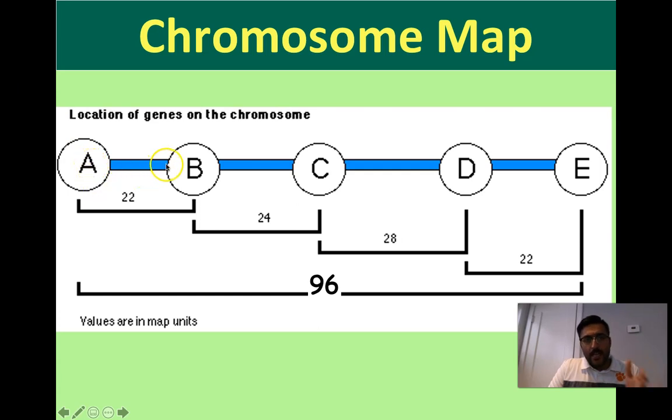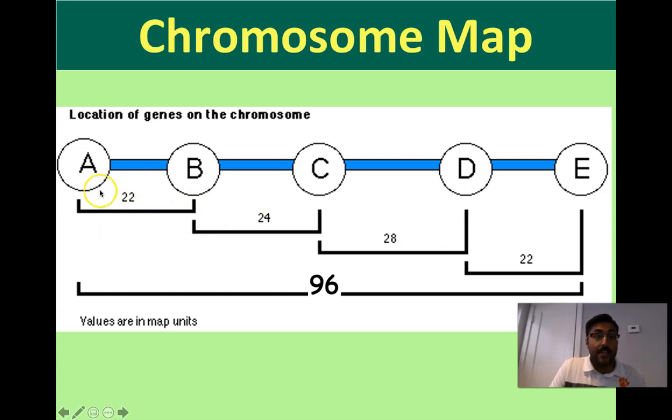Gene A and B are 22 map units apart. B and C are 24, C and D are 28, D and E are 22. All of them together, so A is 96 map units away from E. So gene E and gene A are 96 map units apart.